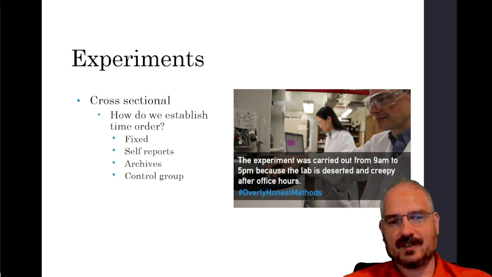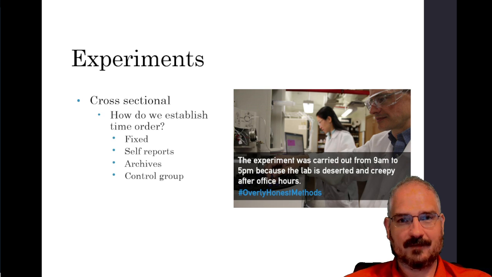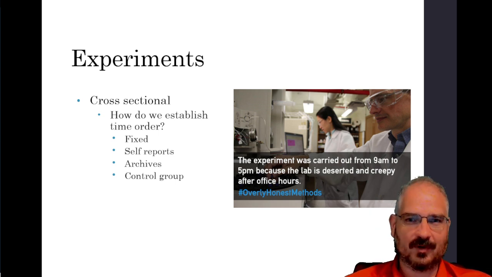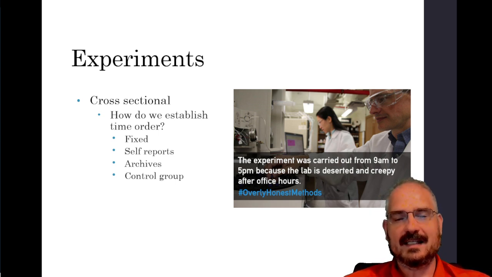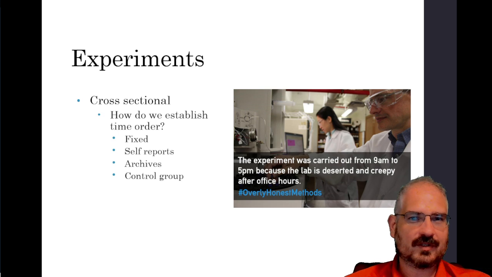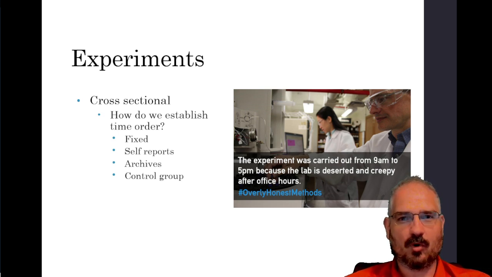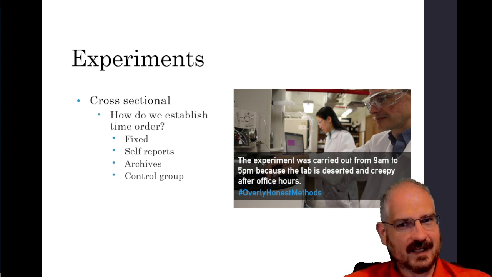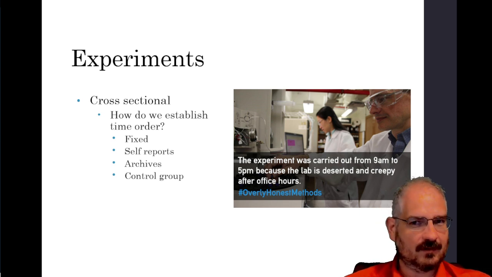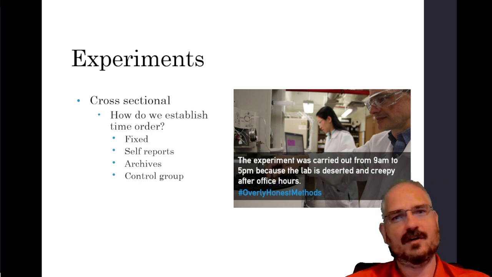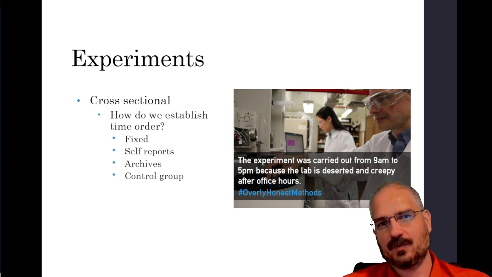We could also use self-reports, right? So if we want to establish, it's a well-known fact in criminal justice that teens with delinquent peers also commit more delinquency. But is it their delinquency that comes first and they search out delinquent peers? Or is it delinquent peers that come first and that causes them to commit more delinquency?